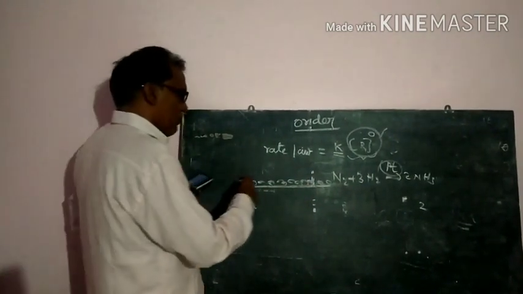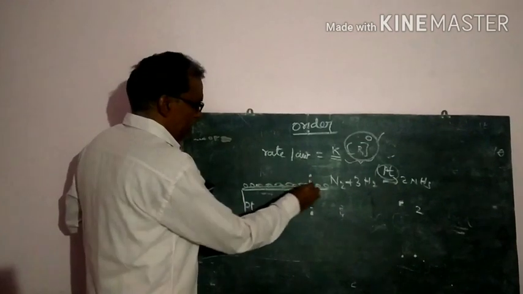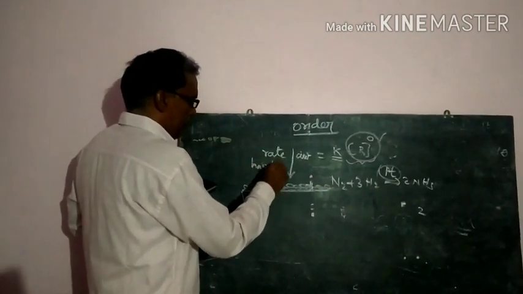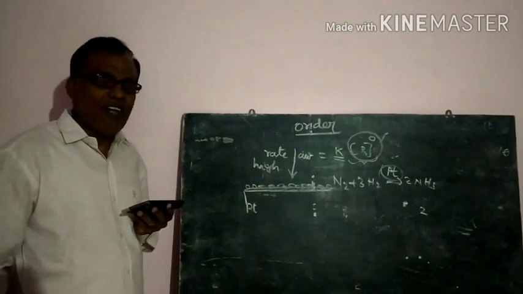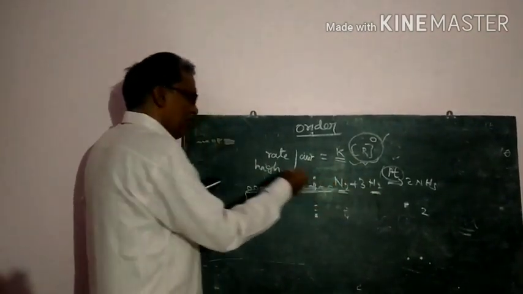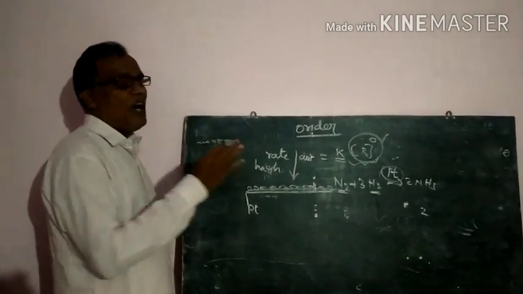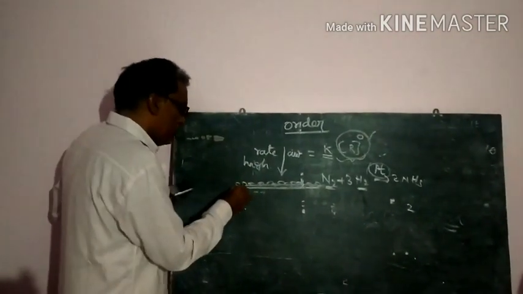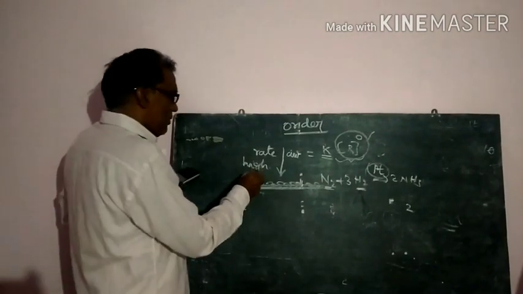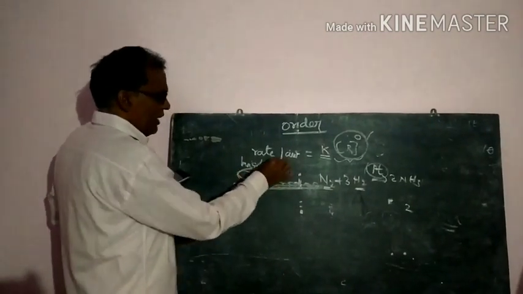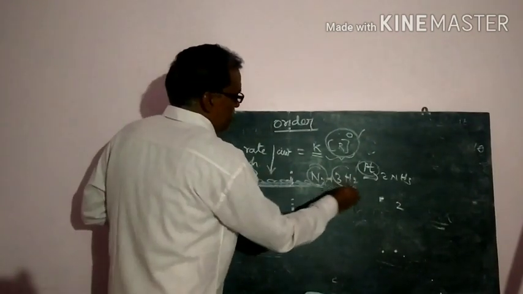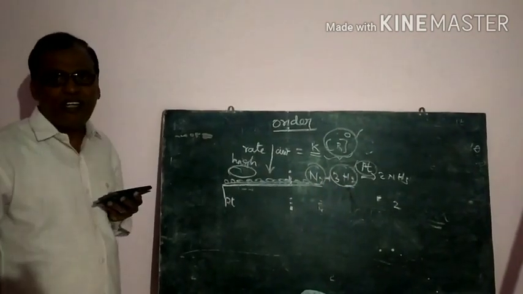Once they formed the ammonia layer, then under some high pressure, what will happen? Again, these gas molecules, reactants, will react and form ammonia gas, but not on the surface of the platinum. That means this formation of ammonia, when the high pressure is there, mainly depends upon the concentration of nitrogen and hydrogen only.